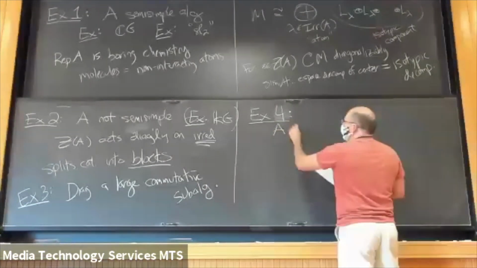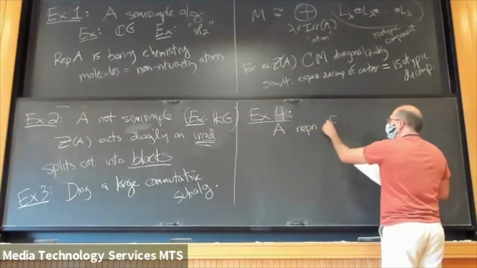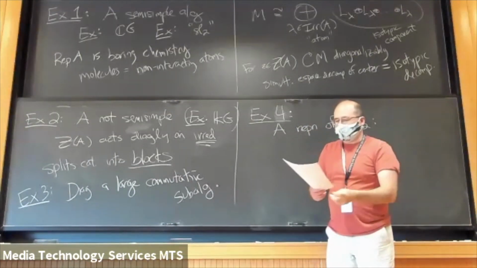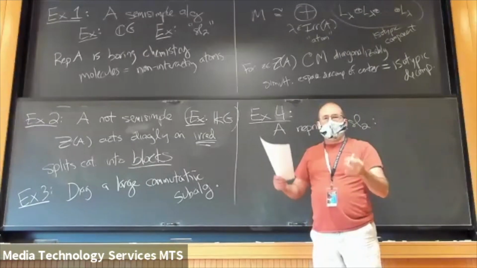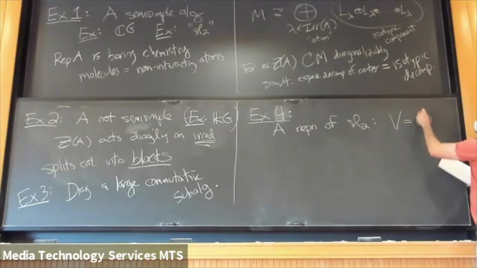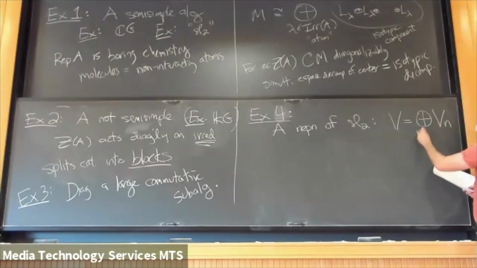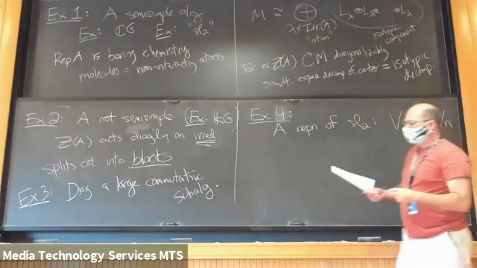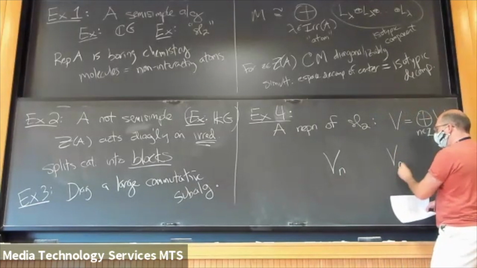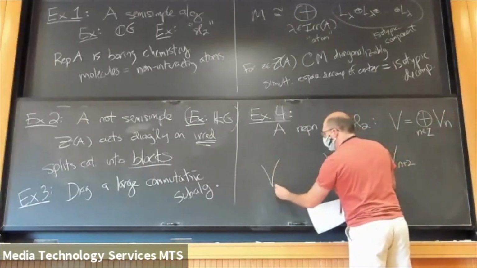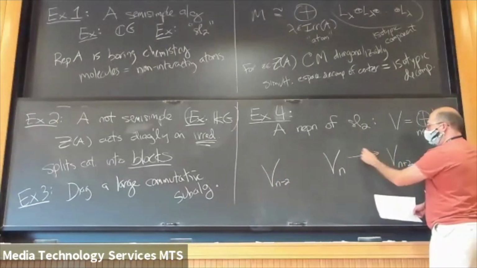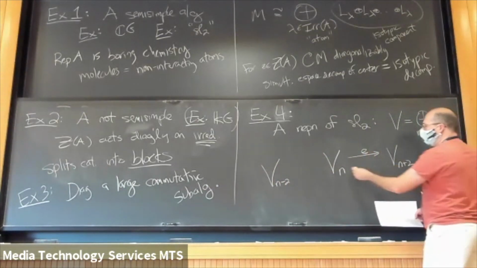So what is a representation of the Lie algebra SL2? This, because of some structural theory, ends up being something very concrete and understandable. You have a vector space V, which is split into a whole bunch of other vector spaces, one for each integer, which are called weight spaces. And you've got a certain amount of structure on this. For any n, the vector space Vn has a map, which is usually called E, from Vn to Vn+2.